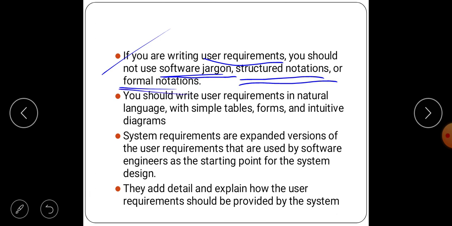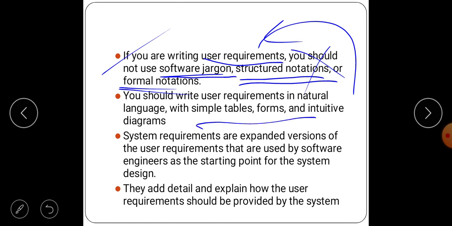Okay, next, you should write your user requirements in natural language with simple tables, forms, and intuitive diagrams. You can use this type; you should not use the other type in the user requirements.